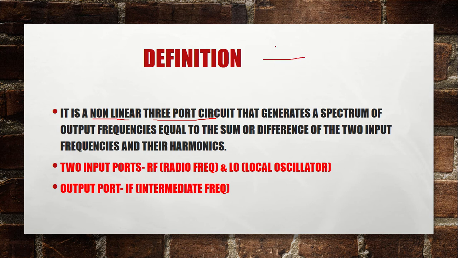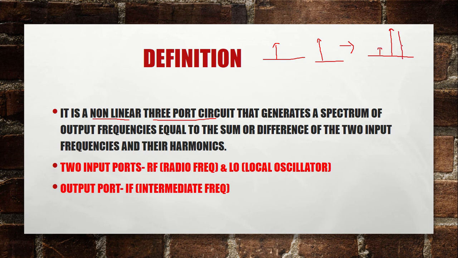For example, if I give this one frequency spectrum and this another frequency spectrum, then at the output I'll get the sum component of the two frequencies and the difference component of the two frequencies.